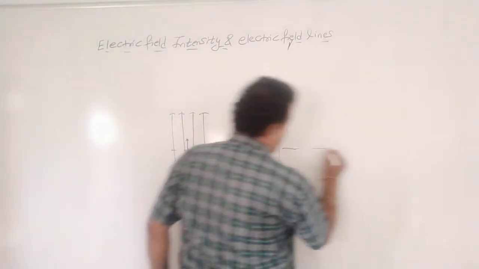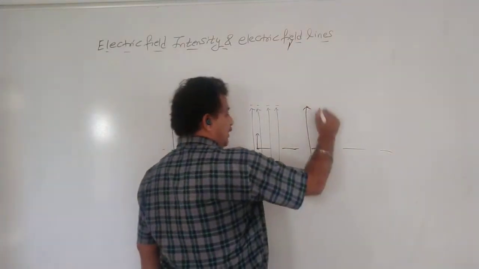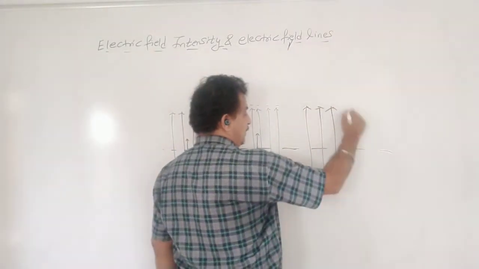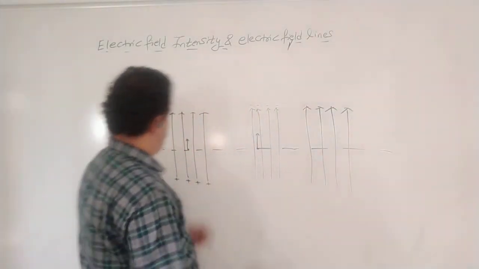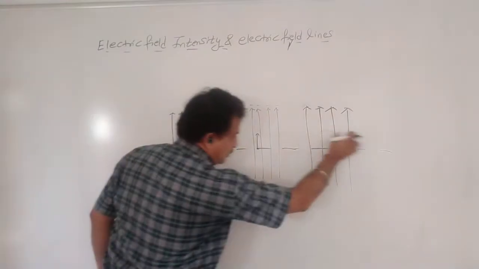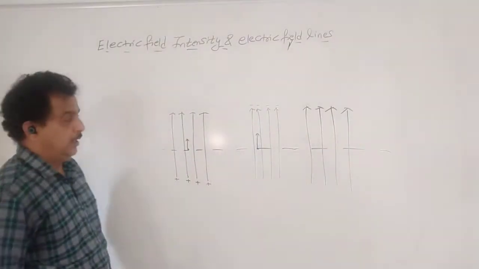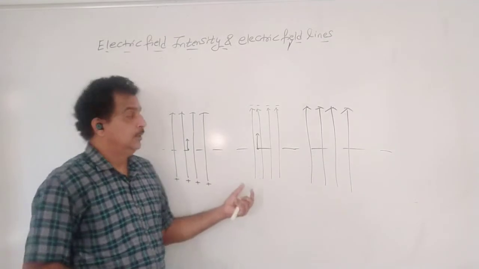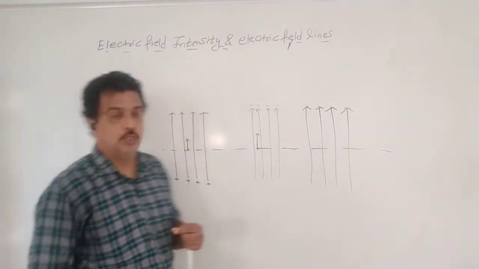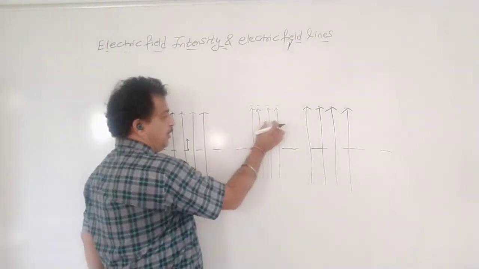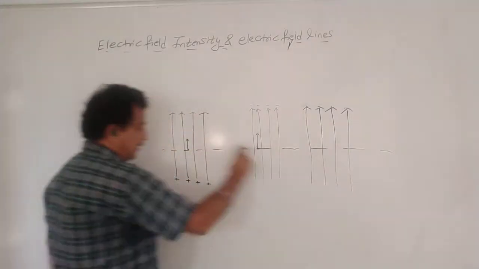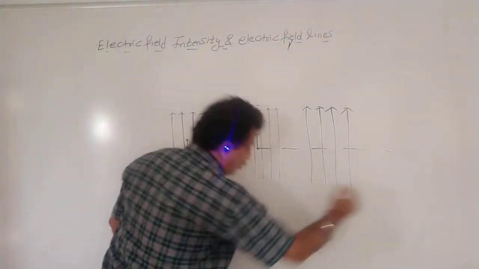The third possibility can be, again I draw the same field lines. It should be the same distance, though it is not the same distance. We will discuss this also with the electric flux concept. So the distance between the field lines should be the same. The test charge placed from the bottom is also the same.